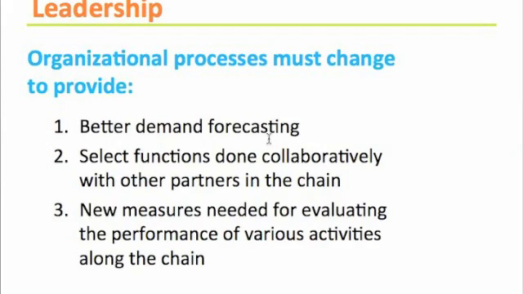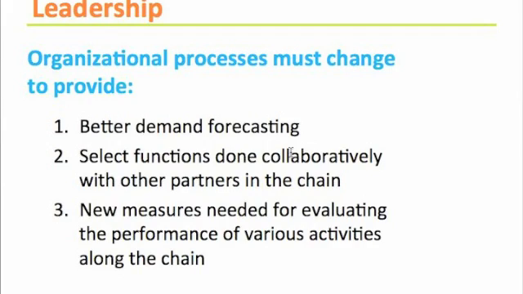Some of the areas that can most help create our efficiencies are better demand forecasting. And what that really means in English is how many are we going to sell, which is always a tricky proposition to figure out.